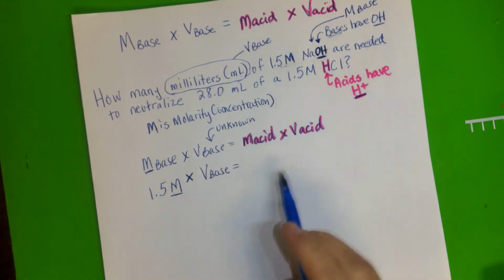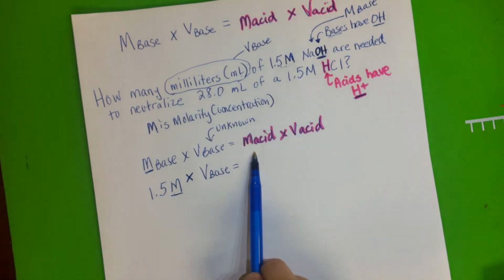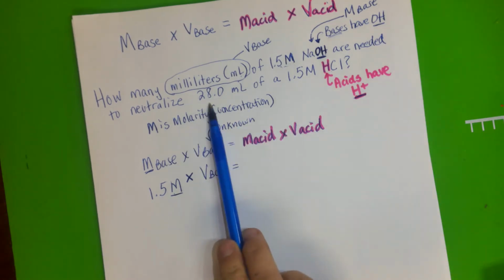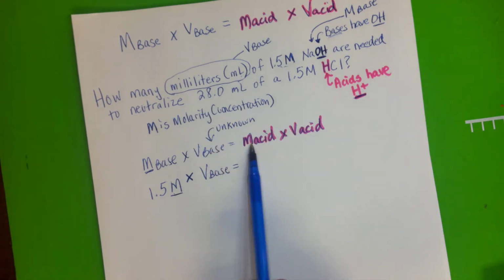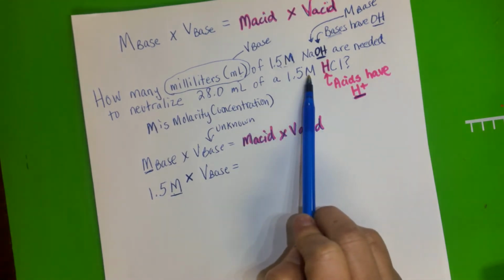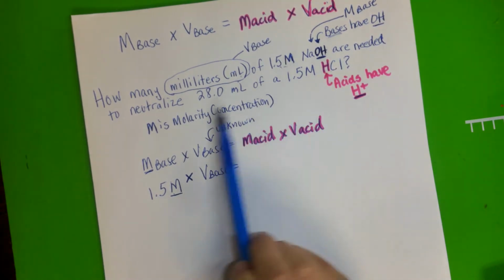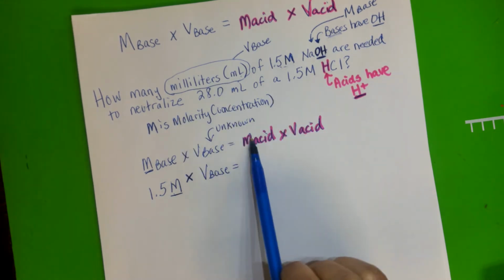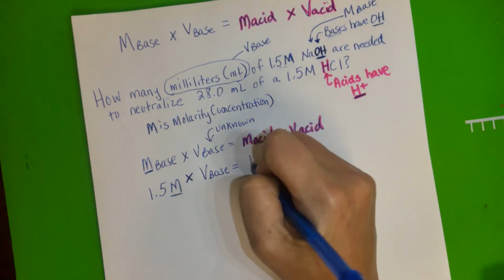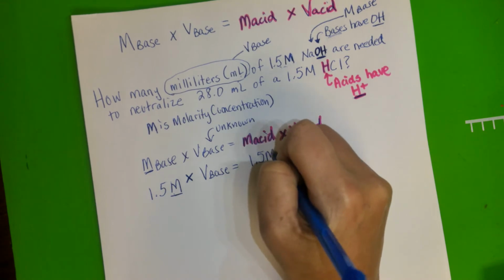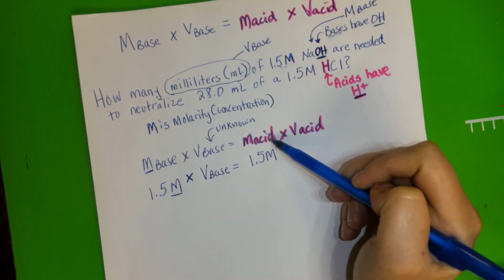Now we're going to go into the rest of the equation. This one is M acid, and M is molarity, so that would be the 1.4 molarity. Of course, we're dealing with the acid.